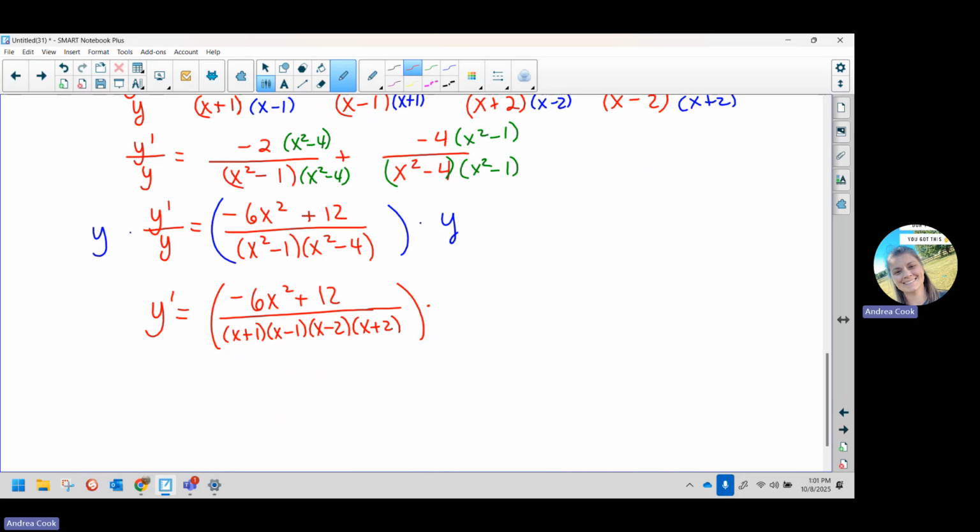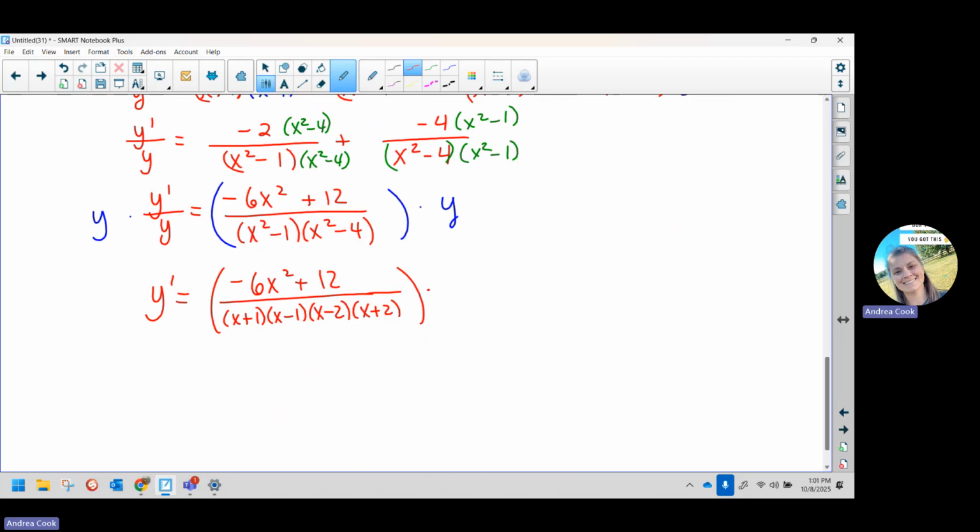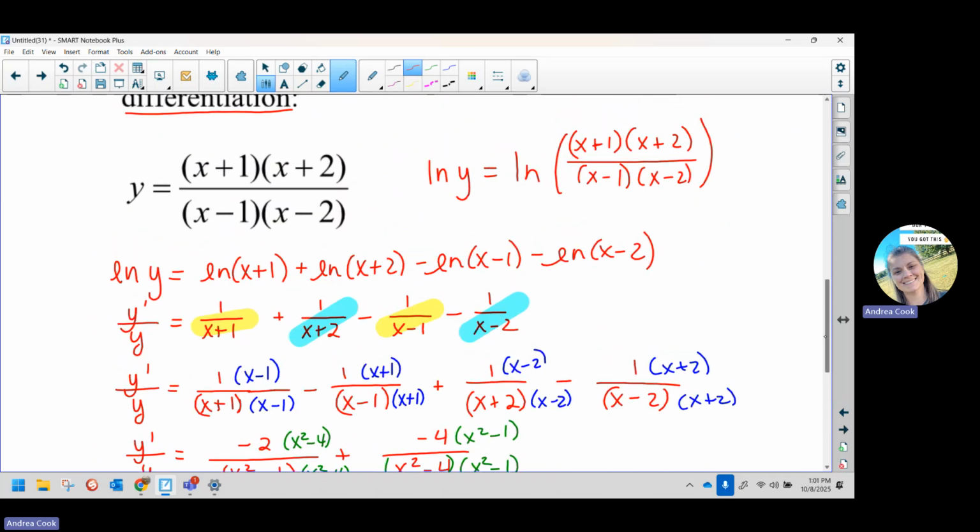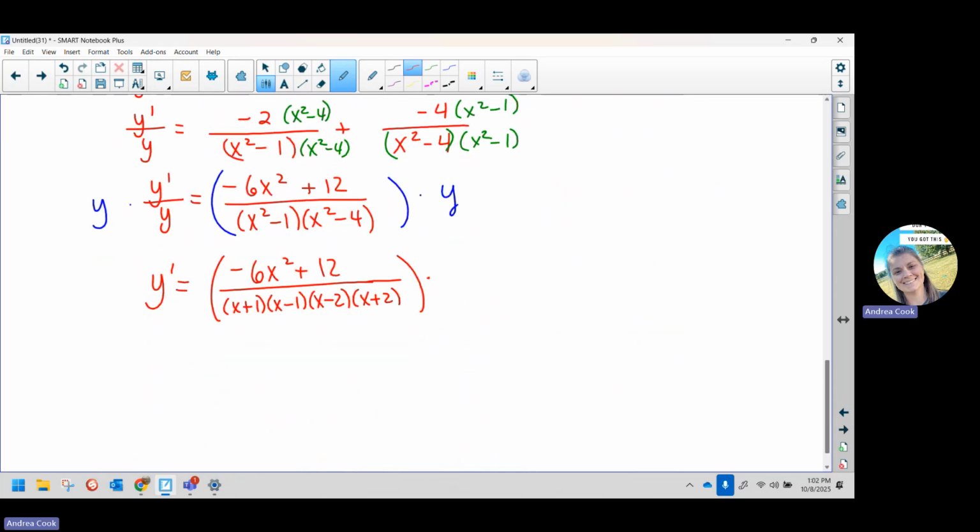So instead of x squared minus 1, I wrote it back as x plus 1 times x minus 1, just because it's fun. So remember way back at the beginning of the problem? That's what y is equal to. So I'm going to put that in for the y.